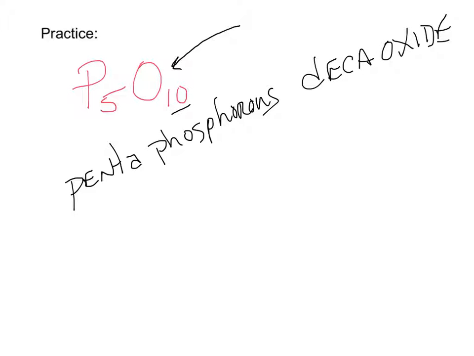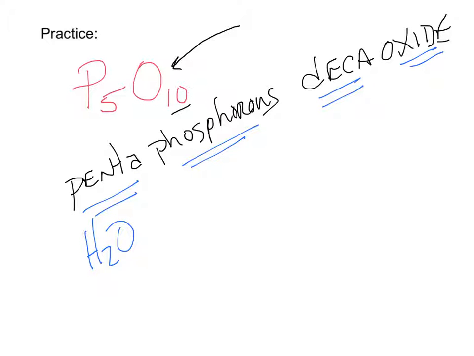So we have to list the amount that's there. The first one we leave its name, list the amount that's there, and then change the ending of the last one to IDE. Now here's a tough one. I want you to name this in the actual covalent bonding naming system. Give you a second here.